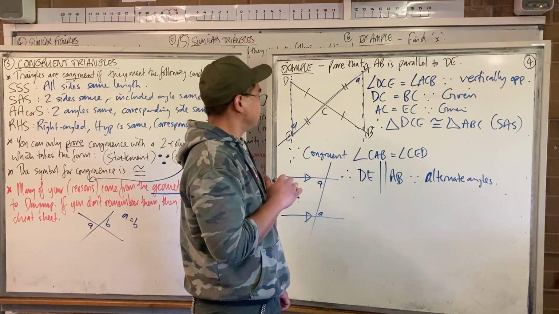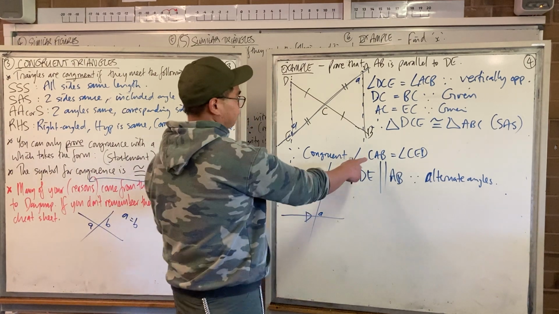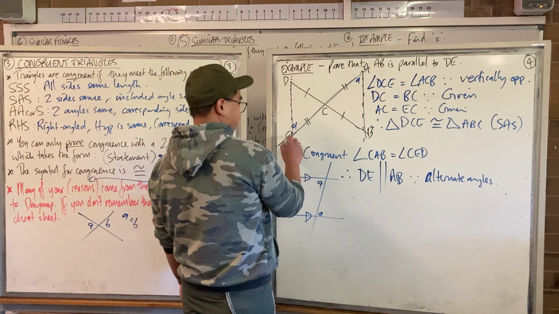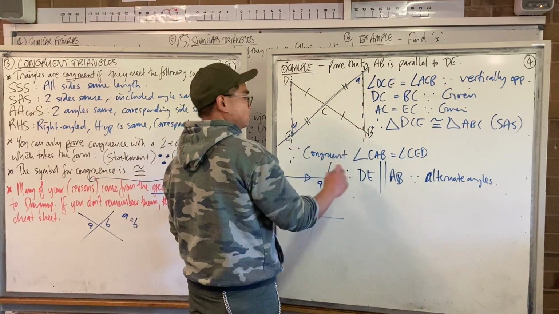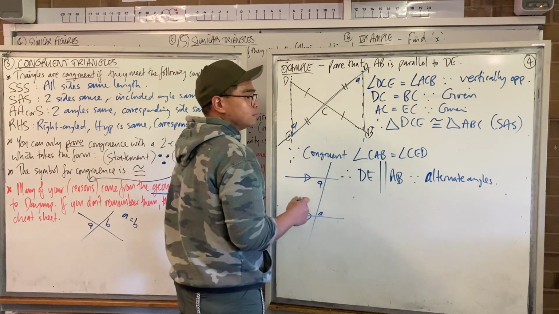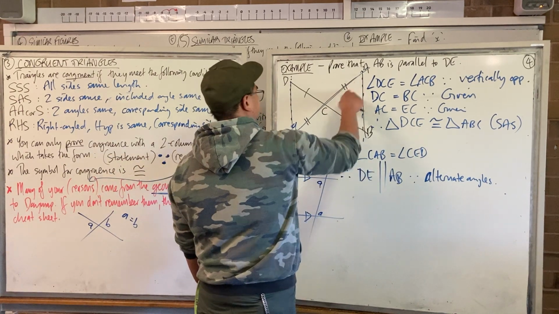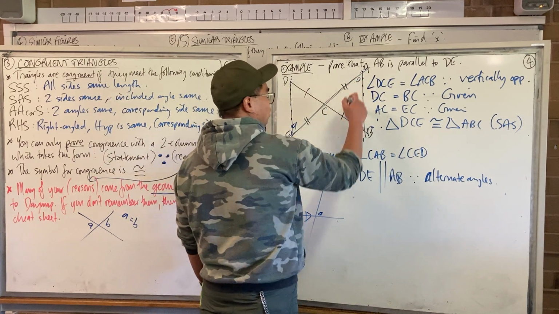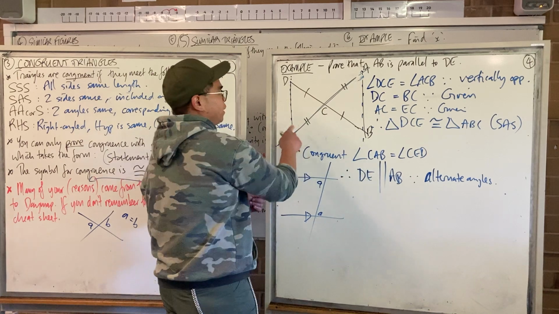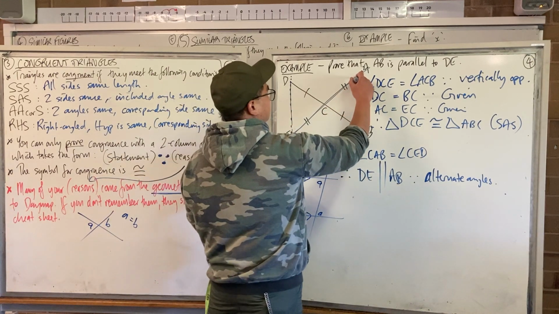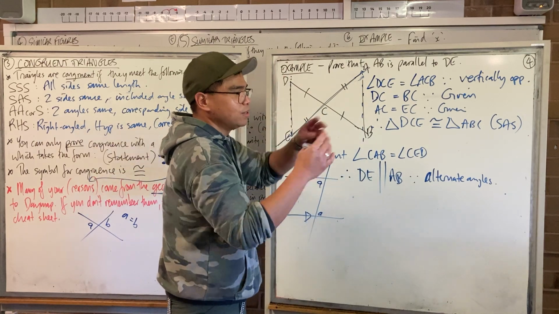Why do you have to write 3 letters for the one angle? If I labeled it as the small a, I could have just called it small a, but if I don't have that there, I need enough information to tell me the location of the angle.